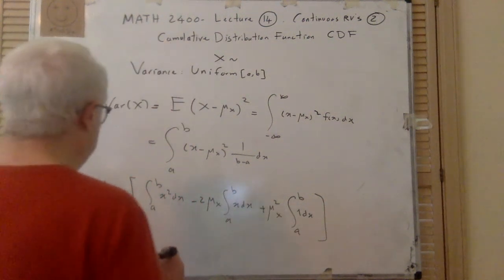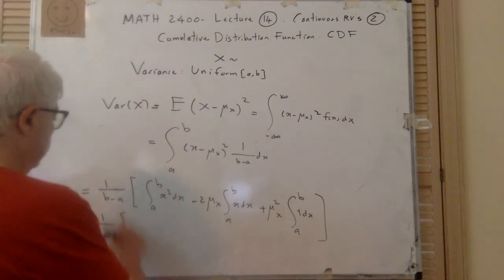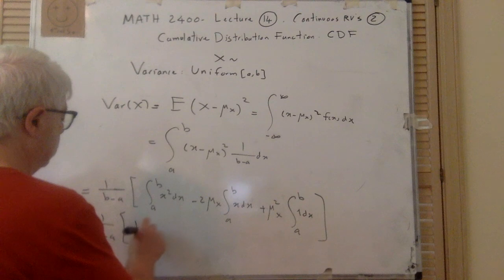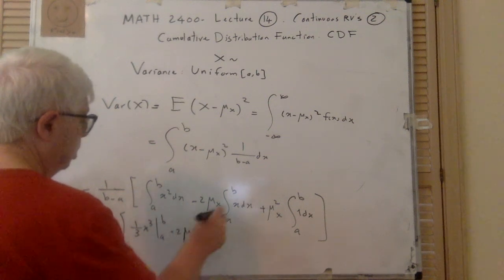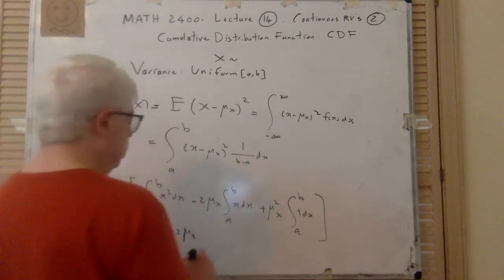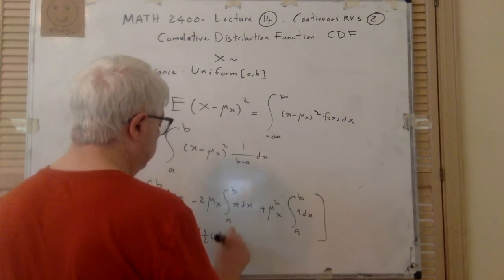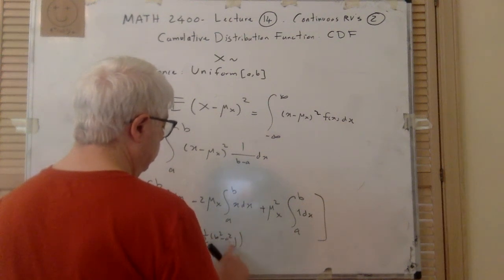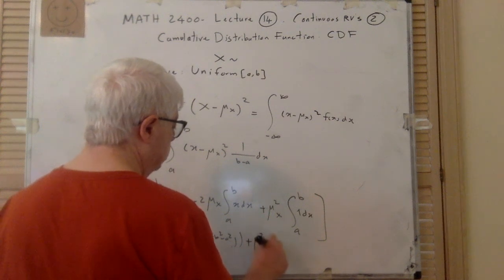So we have 1 over b minus a times: 1/3 x cubed from a to b, minus 2 mu x times 1/2 (b squared minus a squared), plus mu x squared times (b minus a).